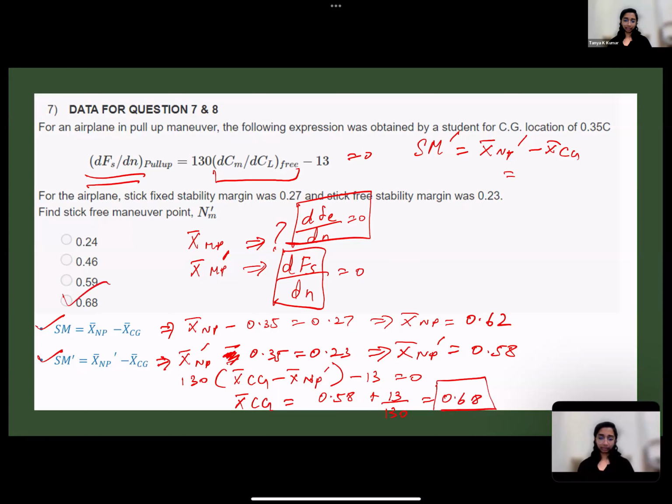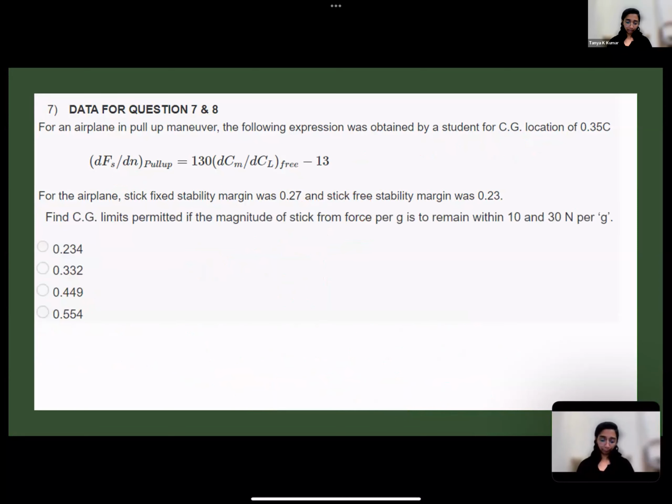Okay, is that clear? I'm just going to proceed. Next question with the same data. Find the CG limits permitted if the magnitude of stick force per g is to remain within 10 and 30. They haven't told you if this 10 is positive or negative.